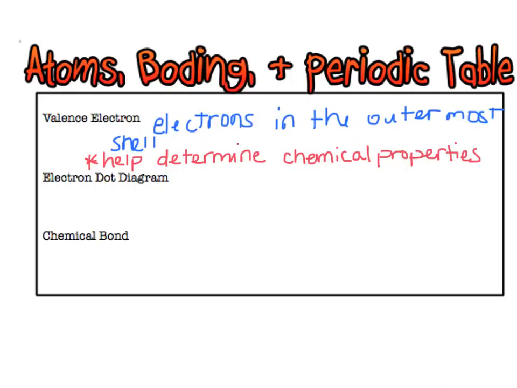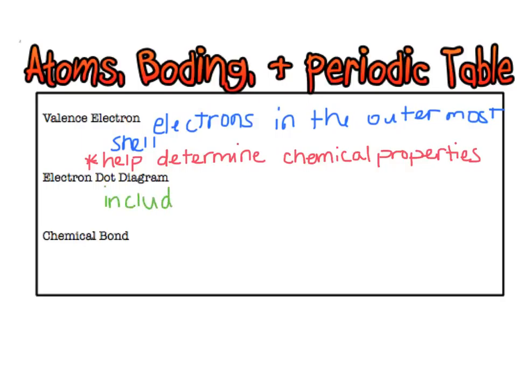Now we have these little diagrams that are called electron dot diagrams, also known as Lewis dot structures, and we're going to talk about those and do a little activity with those today. An electron dot diagram is just going to be indicating the valence electrons. We ignore all the other electrons. Okay, so it's including the symbol.